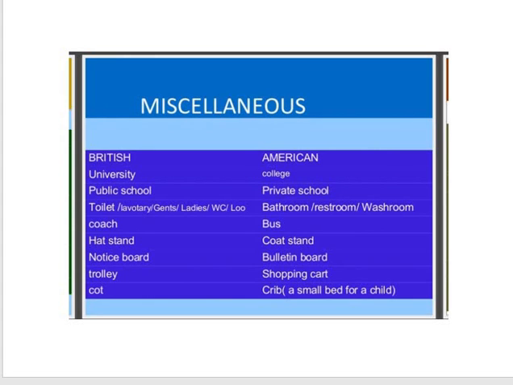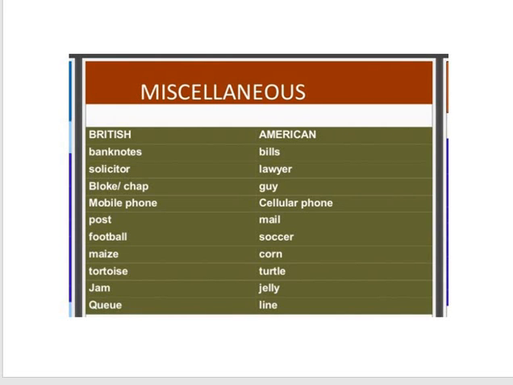Coach, bus. Hat stand, coat stand. Notice board, bulletin board. Trolley, shopping cart. Cot, crib, a small bed for a child. Next miscellaneous are banknotes, bills.